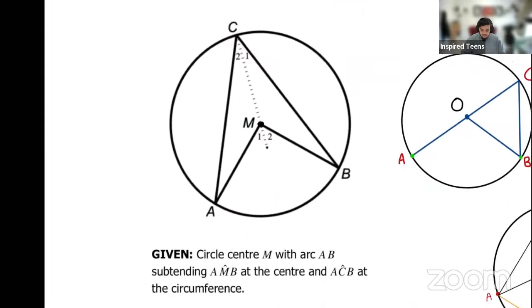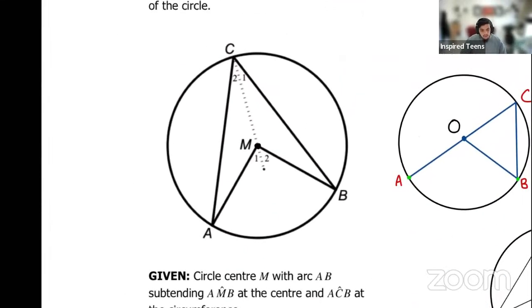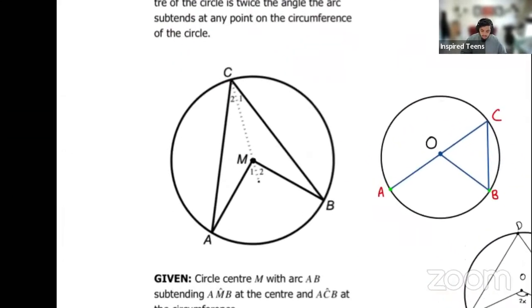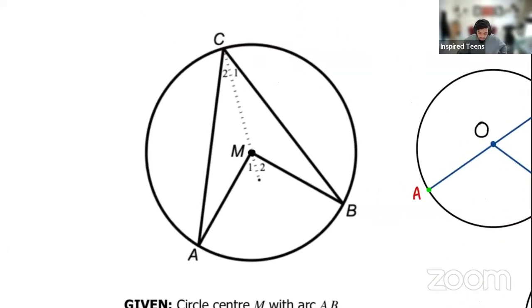Let's have a look at this concept with this diagram. We have points A, B, C. I'm going to join A and B to create the chord. Now we have chord AB drawn in.